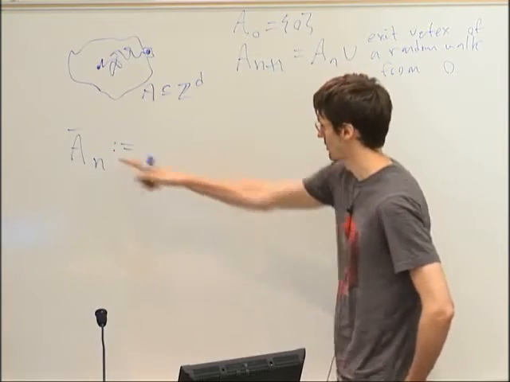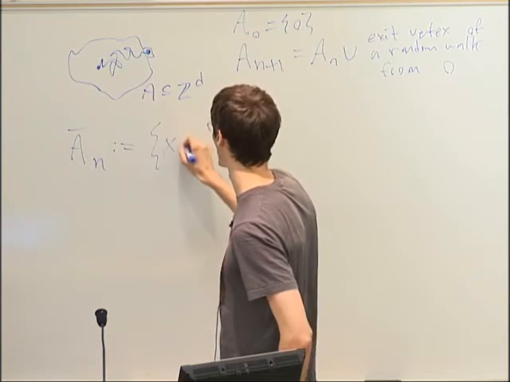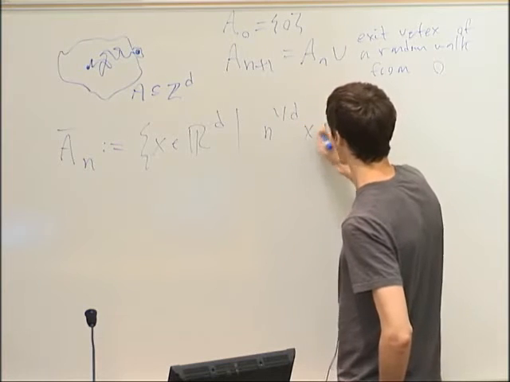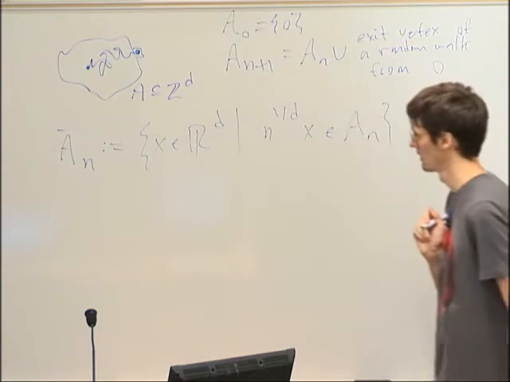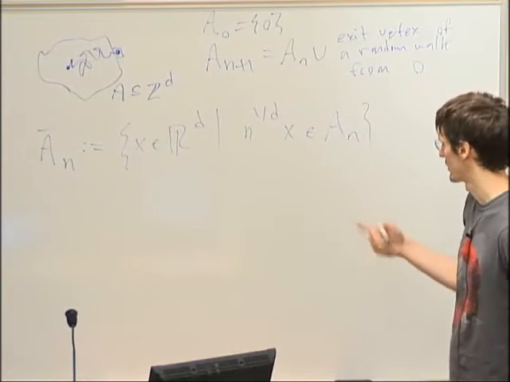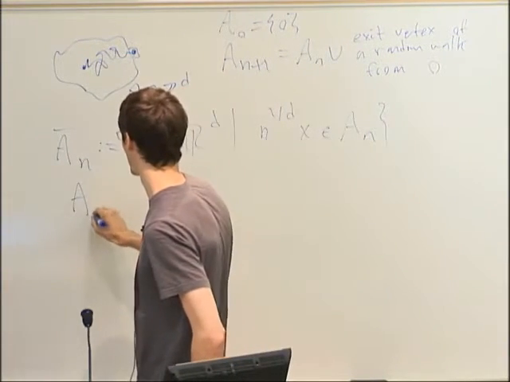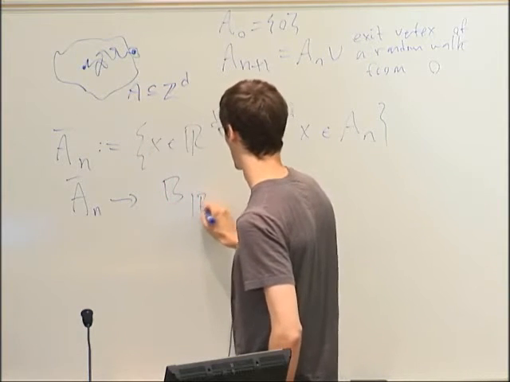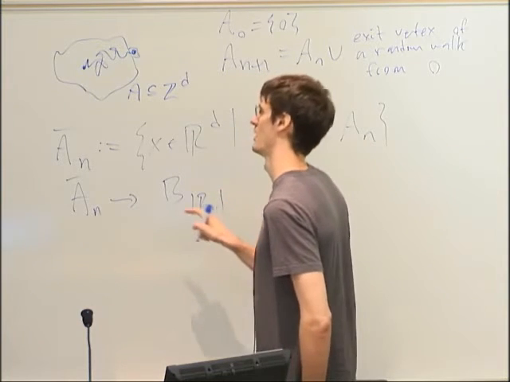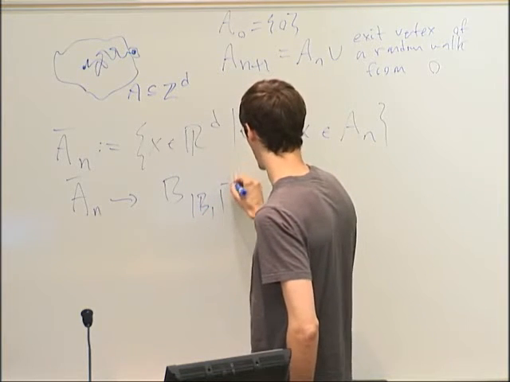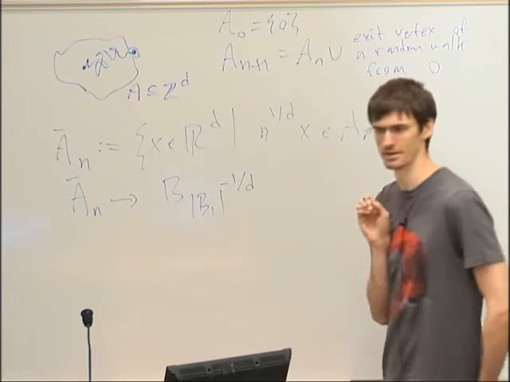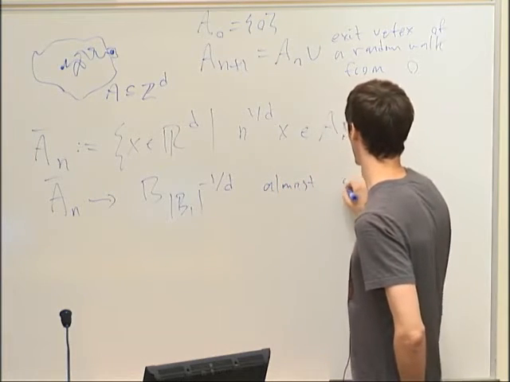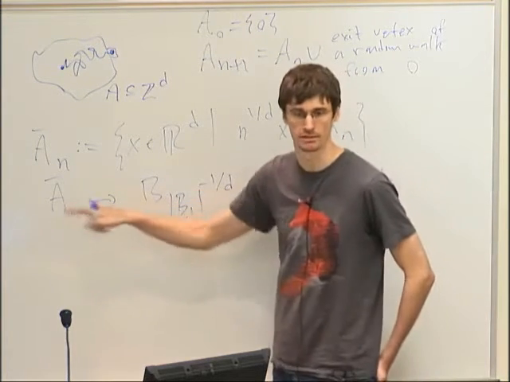If we define a rescaled set A_n to be the set of points x in R^d such that n^(1/d) times x is in A_n, then for a certain notion of convergence of sets, these rescaled sets converge to the ball of radius (volume of the unit ball)^(-1/d). I think this is right. Almost surely, for some appropriate notion of convergence here.